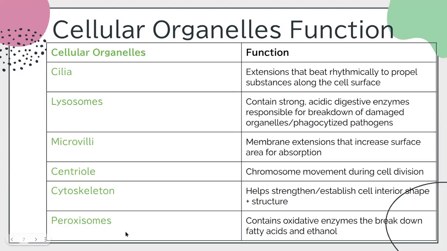And finally, peroxisomes. They contain oxidative enzymes that help break down fatty acids and ethanol. So lysosomes help with immune function against pathogens and damaged organelles, and peroxisomes help to break down fatty acids and ethanol. Ethanol is also known as alcohol.